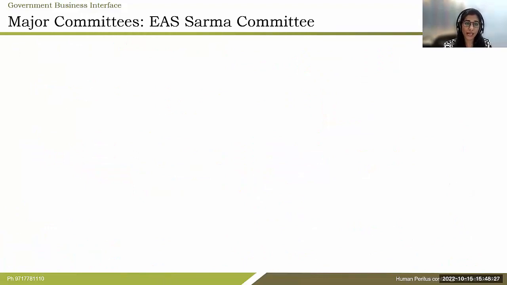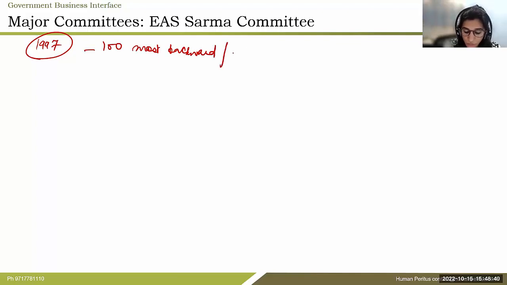Now moving ahead, EAS Sharma Committee. Now this committee was formed in 1997. All right. It also was set up to evolve the criteria to identify the 100 most backward, or we can say the poorest districts in India.